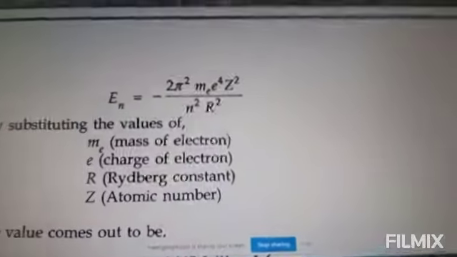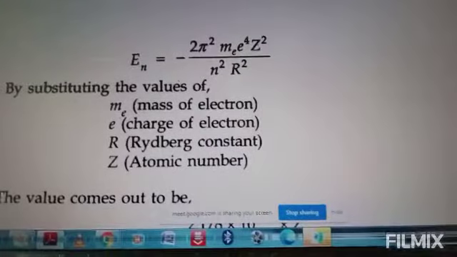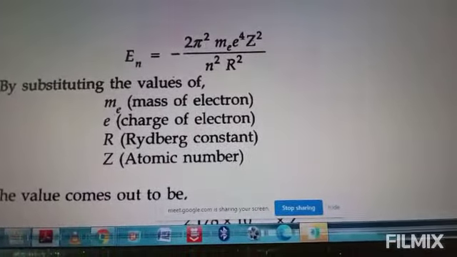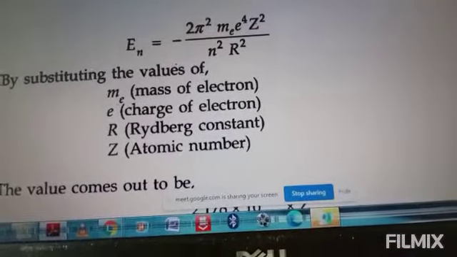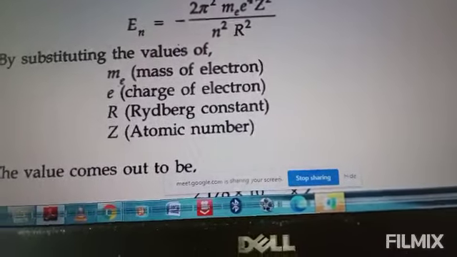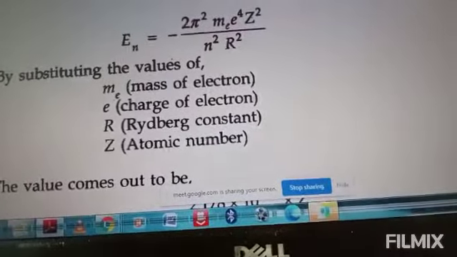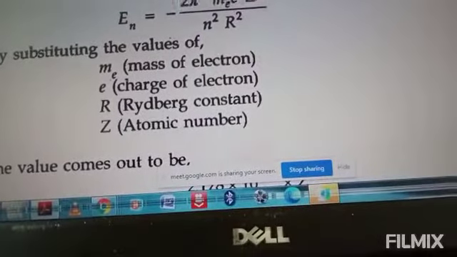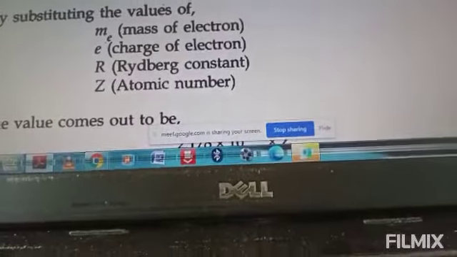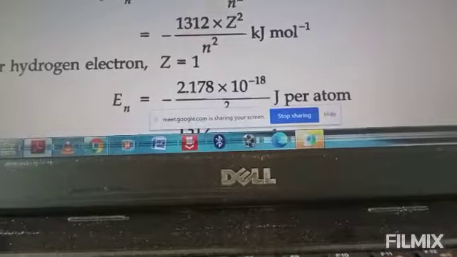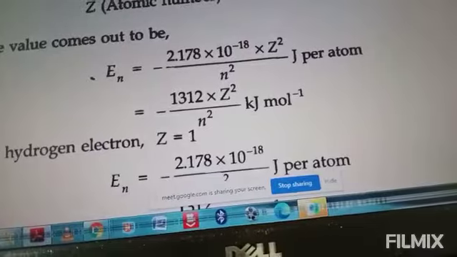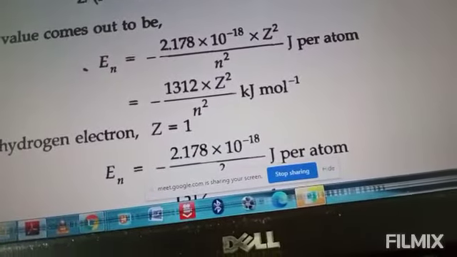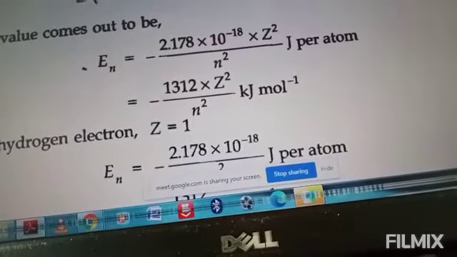Here let us see what the values are. m indicates the mass of the electron, e indicates the charge of the electron, h indicates the Planck constant, and Z indicates the atomic number. The value comes out to be En equal to minus 2.178 into 10 power minus 18 into Z square divided by n square joules per atom.